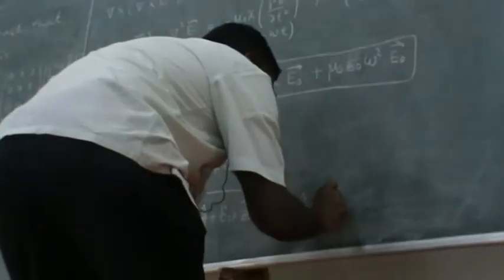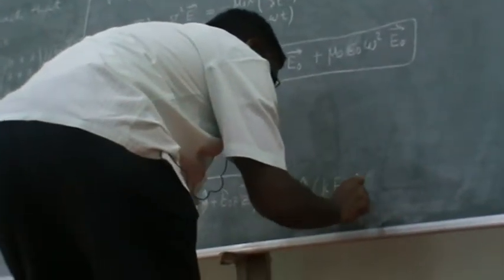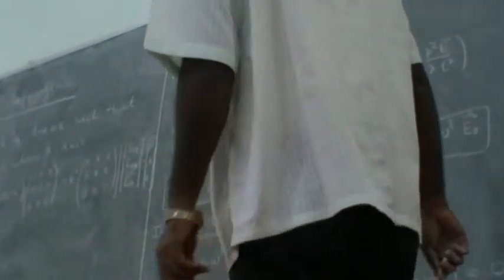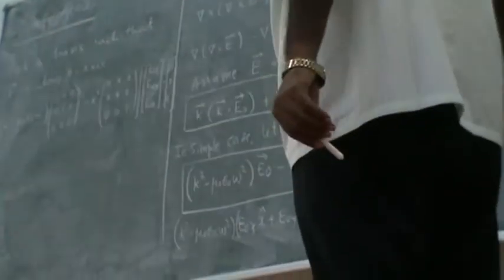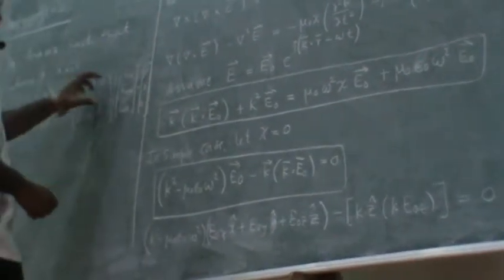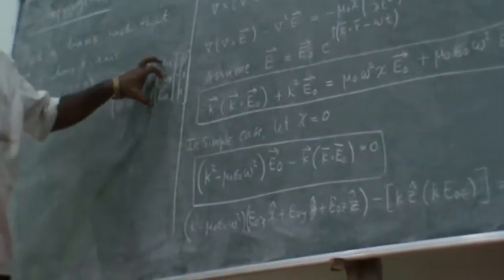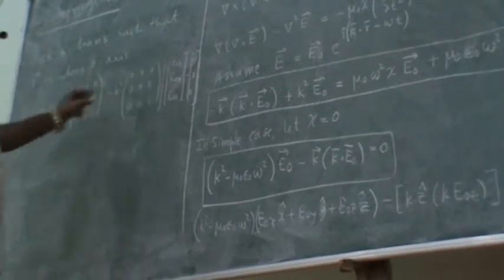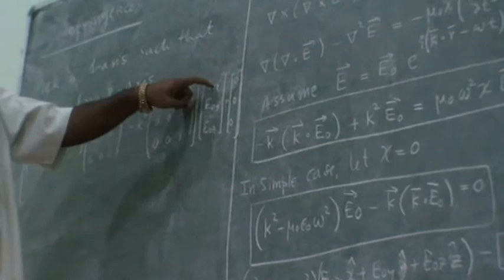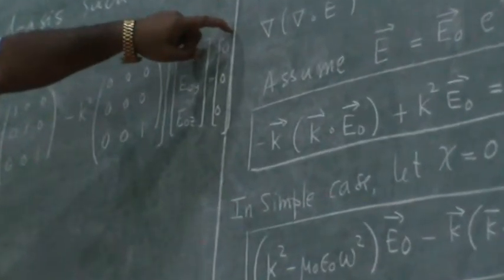So k times E naught z is equal to 0. Now I want to write this as a vector. If I look at the first column, this is the column vector that I want, into E0x is equal to 0.